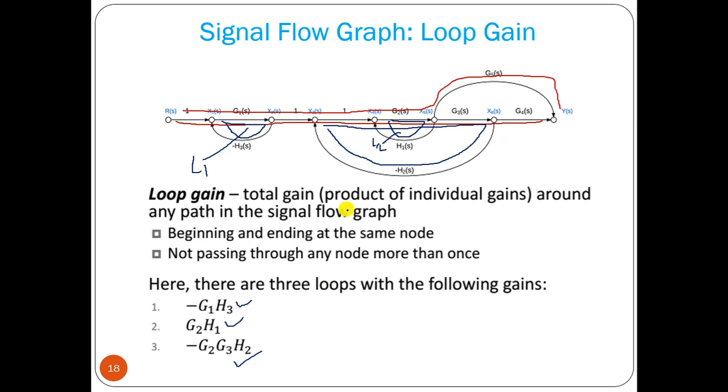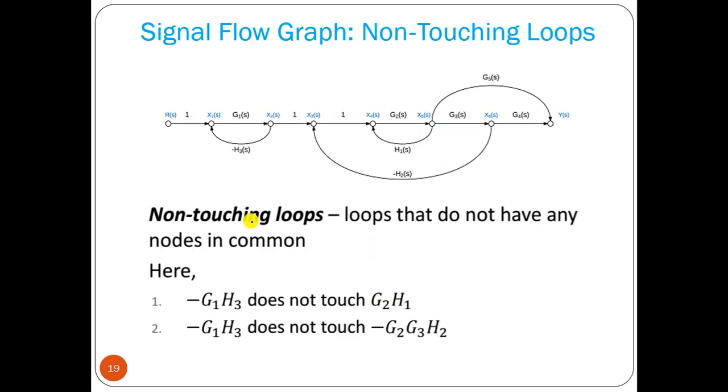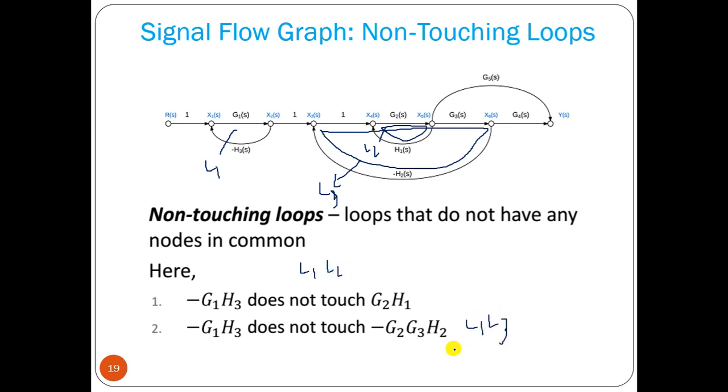Now we can find out non-touching loops. We can see this loop 1 and this loop 2 are non-touching because they do not have any common node, and this loop 3 is also non-touching with L1. So L1 and L2 are non-touching loops, and L1 and L3 are also non-touching loops.